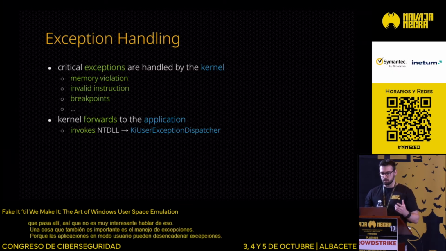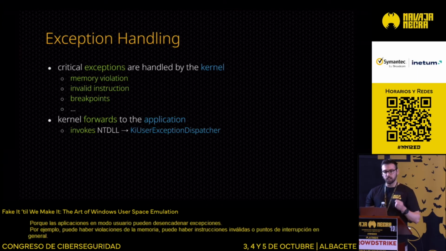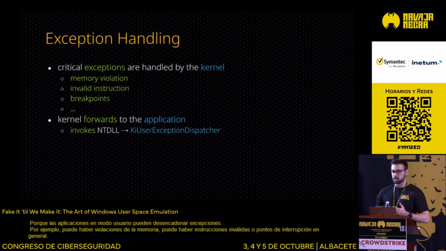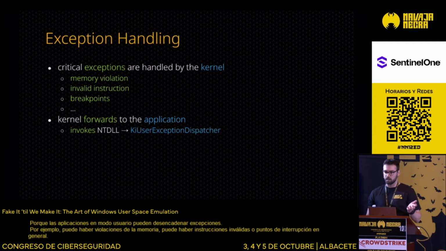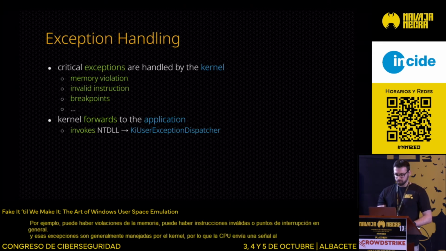So the CPU sends a signal to the kernel, it handles it, and then it forwards everything to the application, and the application has a chance to deal with it. It can handle the exception, it can also just die, but there are all sorts of things the application can do. The way it works is that the kernel invokes KiUserExceptionDispatcher, which is exported by the NTDLL, and then from there all the exception handling process goes on.